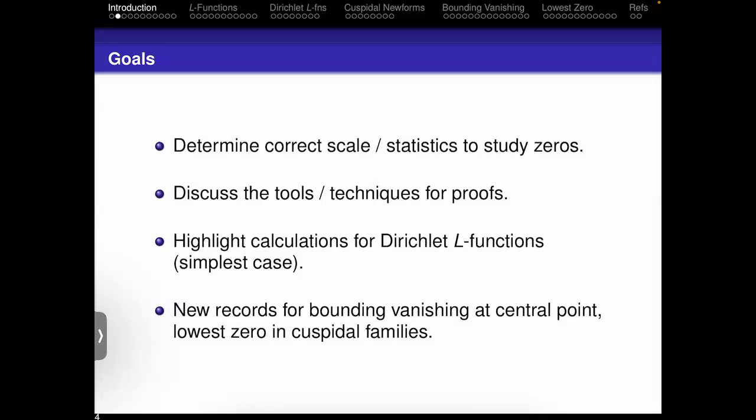Some of them are the worst results I've ever proven in my life, where I will prove the probability that something happens is at most 420%. And there's usually faster ways to do that. But the results do get better as you start asking for even more zeros at the central point, and eventually they do become non-trivial. So in the beginning, the results will be bad, but they will get better. And if they don't get better, that's because I only have 45 minutes and not 46.